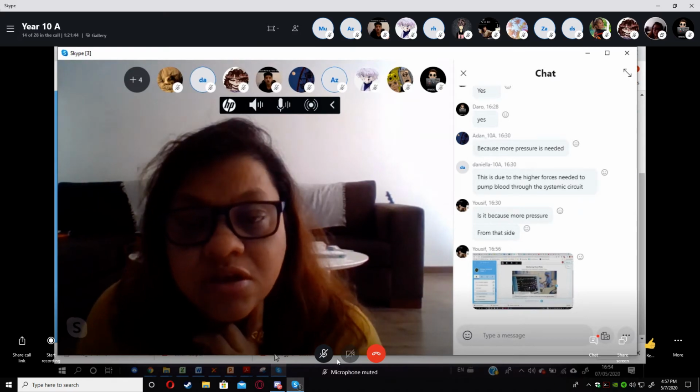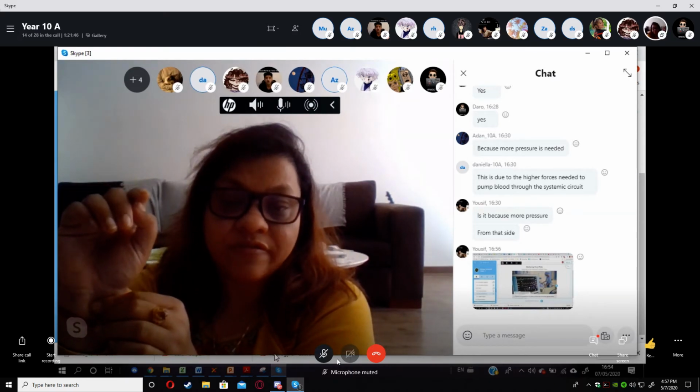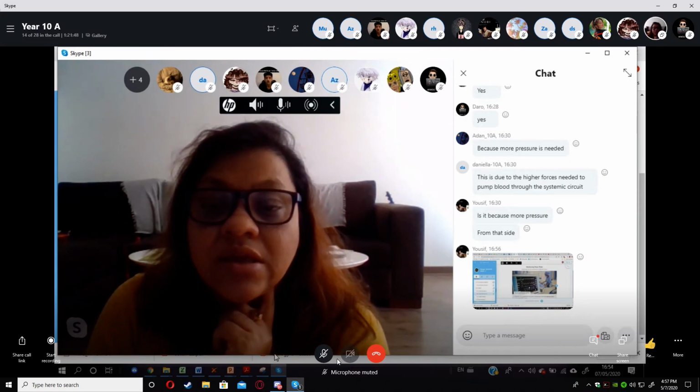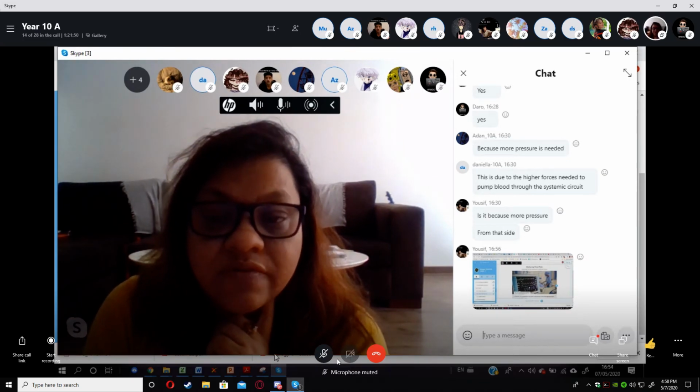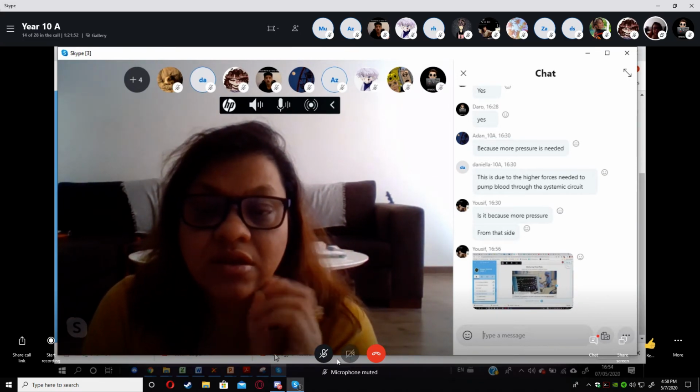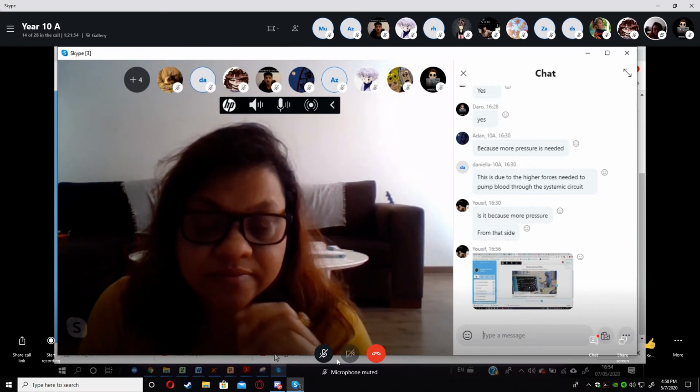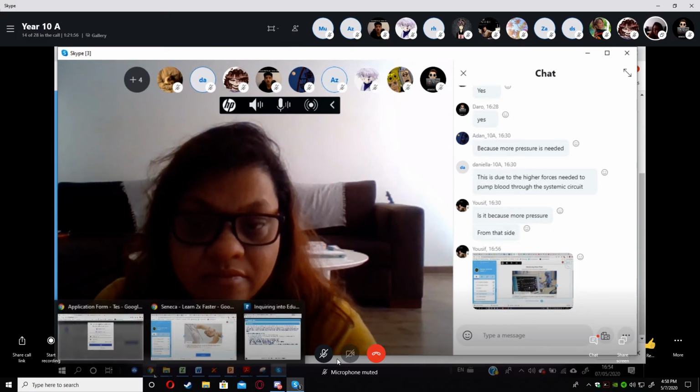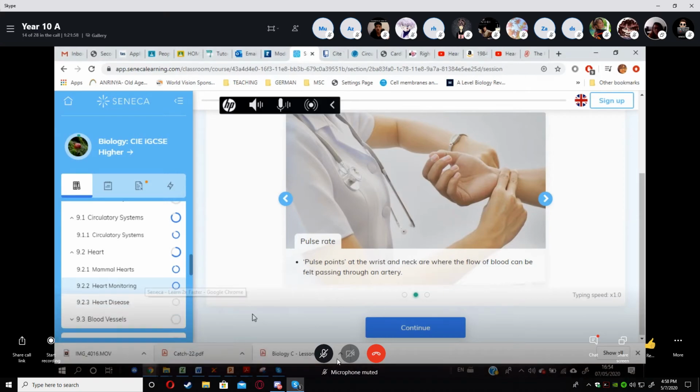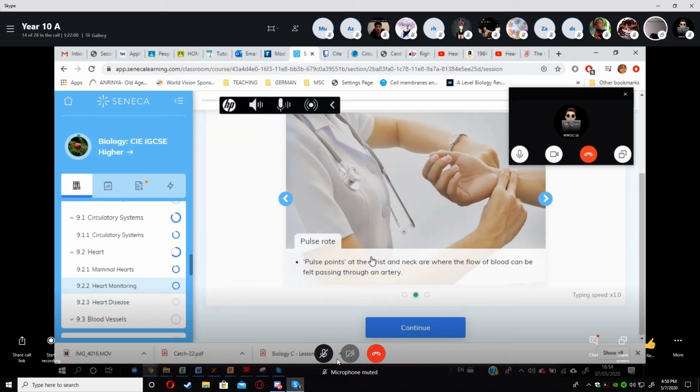This is the point of pulse. These are called pulse points. They tell you whether the heart is beating. If the heart is beating, you'll have that sensation. So that is another way of monitoring the heartbeat.